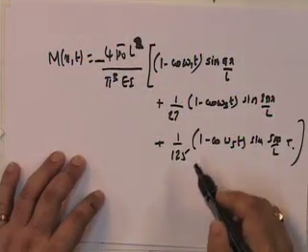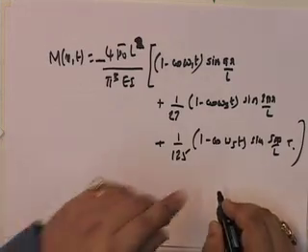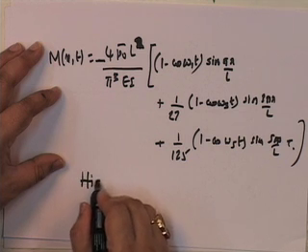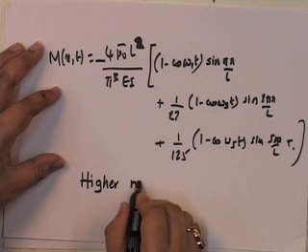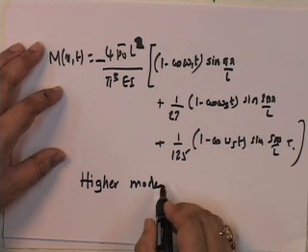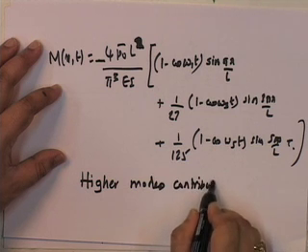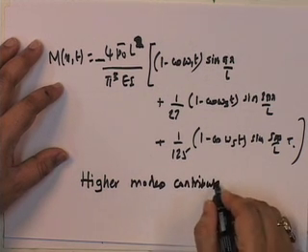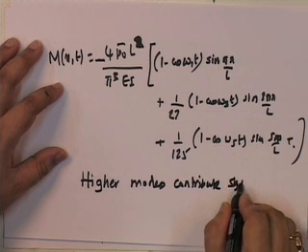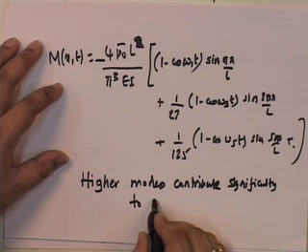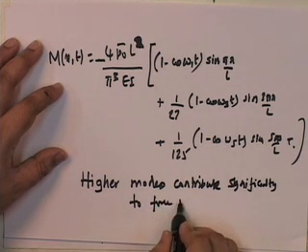But if you look at this, you see 1 upon 27, 1 upon 125, the higher modes contribute much more, and this is something important: higher modes contribute significantly to force.